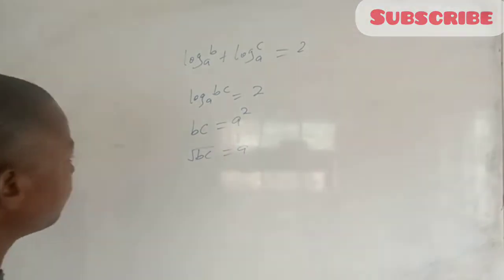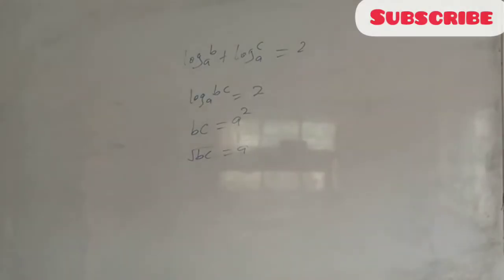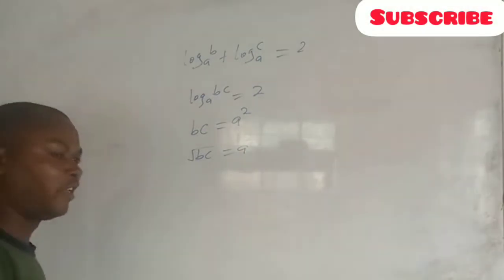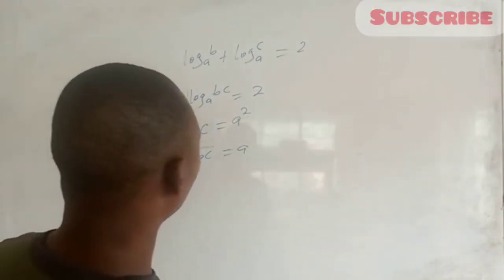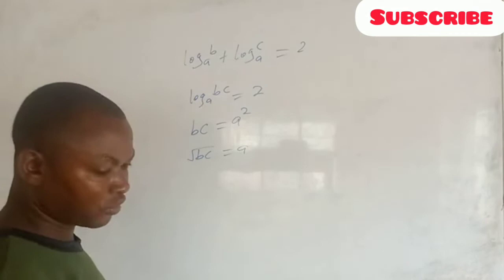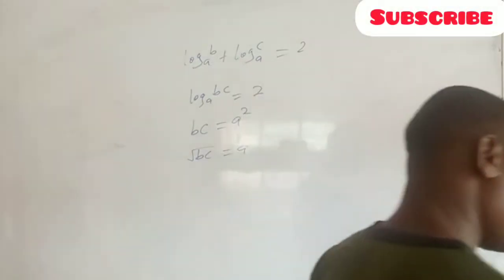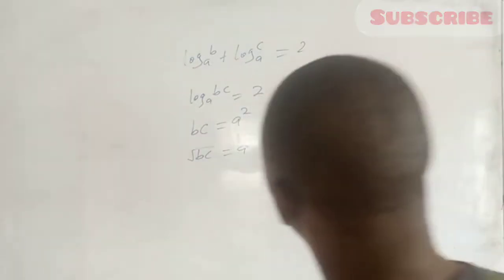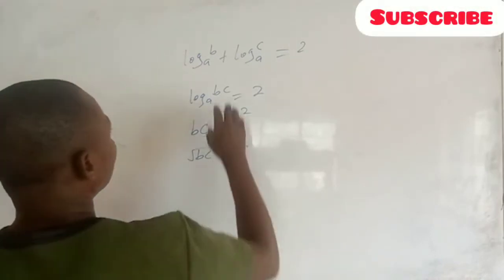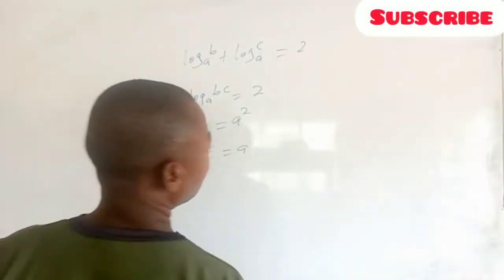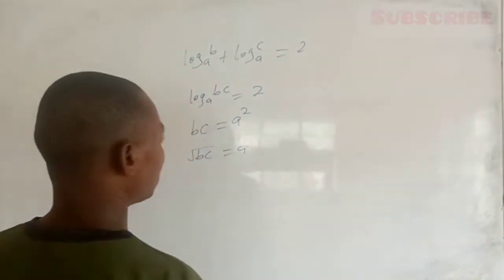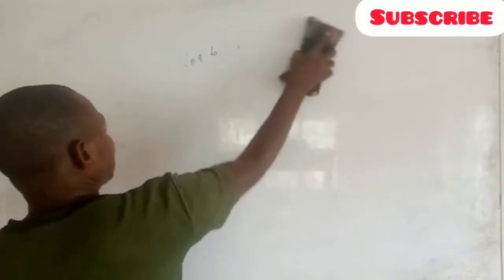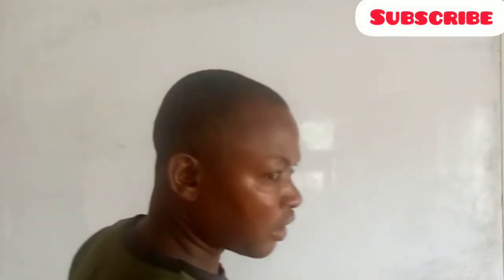So if you are asked to look for a, or want to make a the subject of the formula, you can see it in this form. The major thing is that the base will go and raise what we have on the other side. Okay, that's another special logarithm.